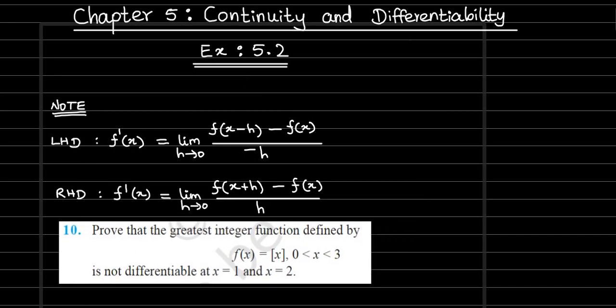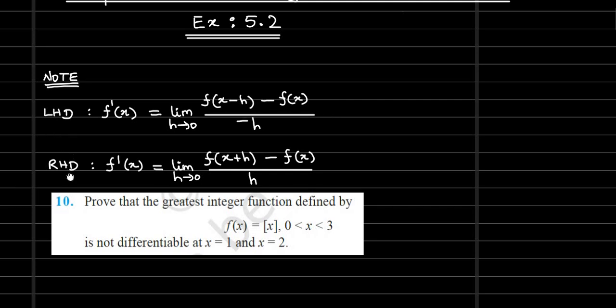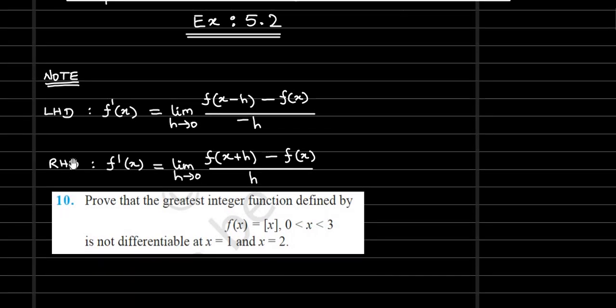For proving that any function is not differentiable, we have to show that the left hand derivative and right hand derivative are not equal. If the left hand derivative and right hand derivative are equal, then that particular given function, that is f of x, is differentiable. In case the left hand derivative and right hand derivative are not equal, then the given function is not differentiable.